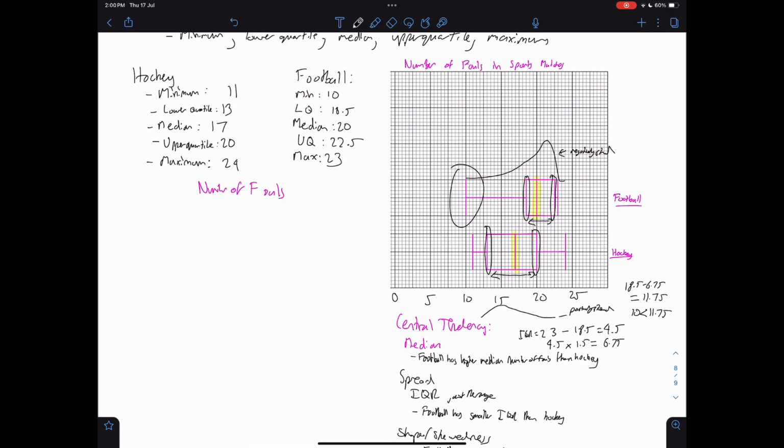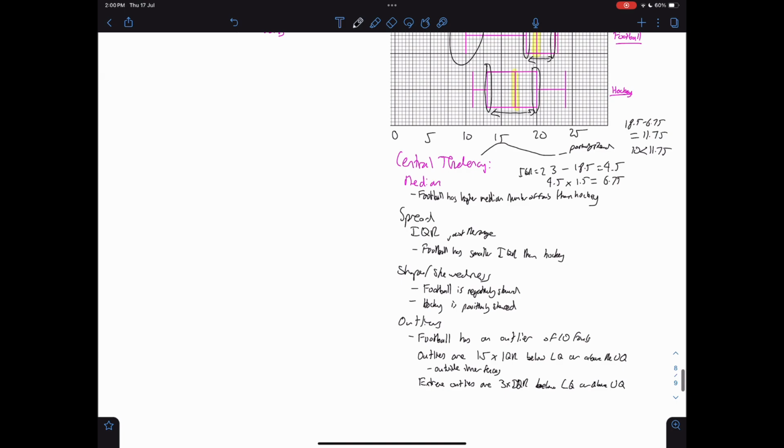And if it was more than 3 times the IQR below the lower quartile, you'd call that outside the outer fences, or an extreme outlier.